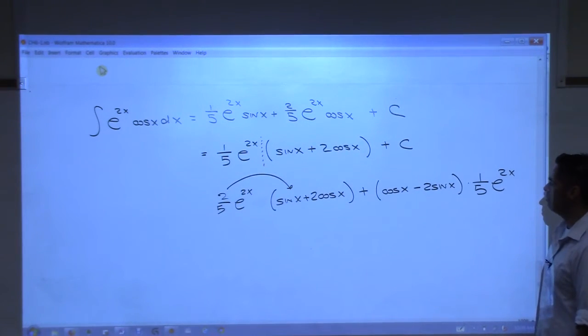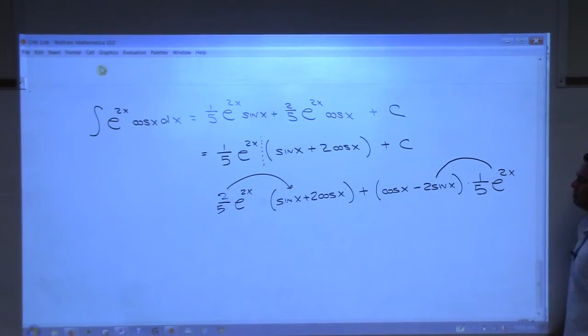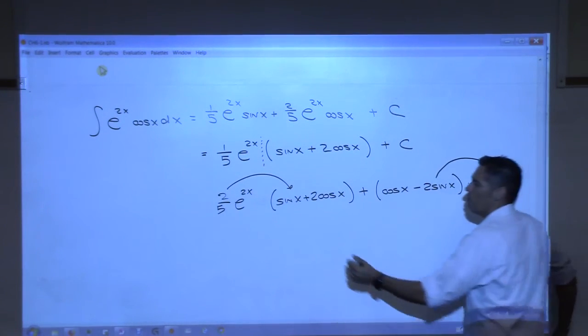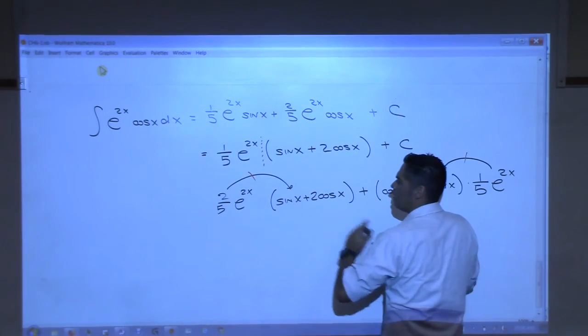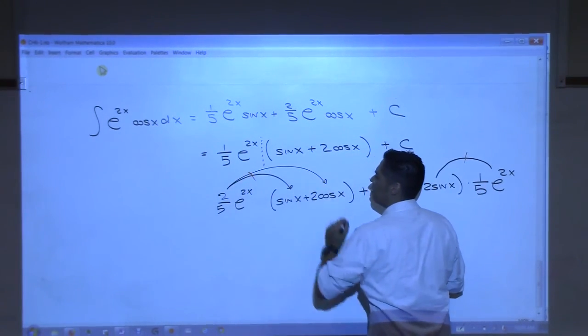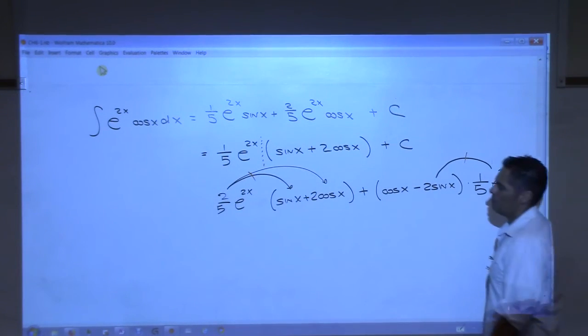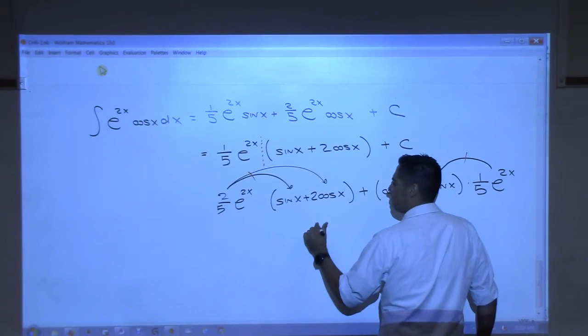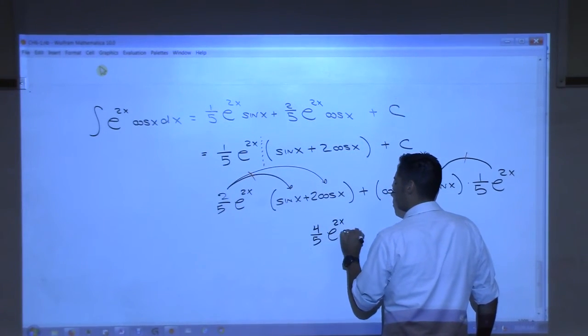Sine x? Yes? Do y'all see that when I do this to this, I get the same thing but negative? So those are going to cancel out, right? I'm just going to put that in orange. Gone, that one's going to be gone. When I do this times this, what do I get? 2 times 2, so 4/5 e to the 2x cosine x, right?